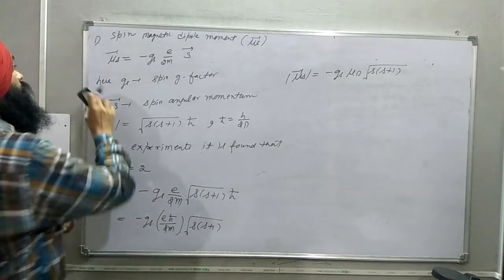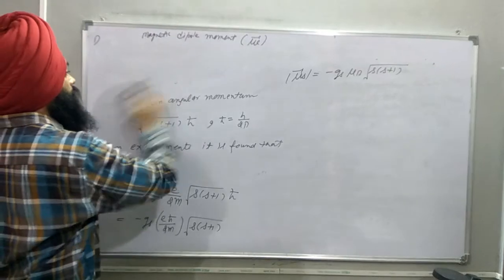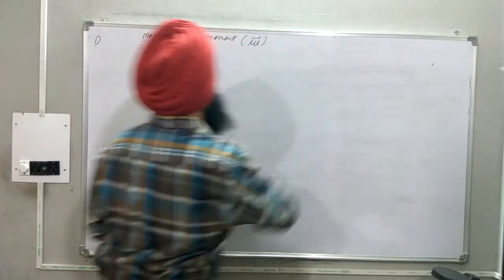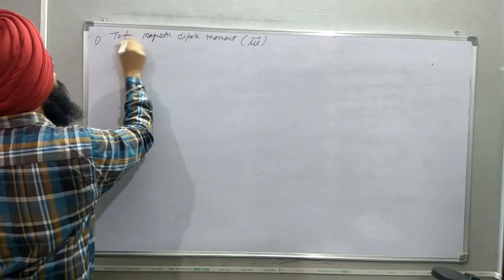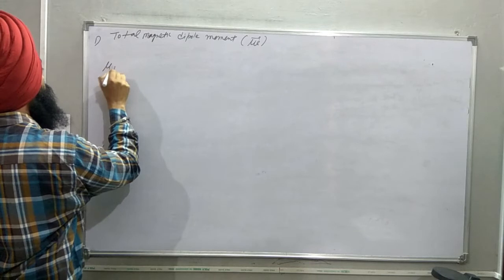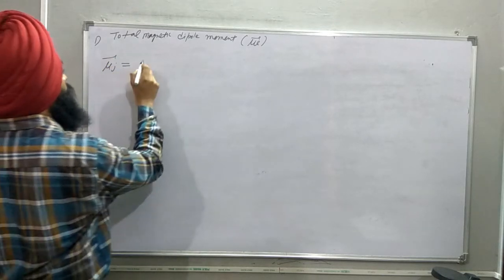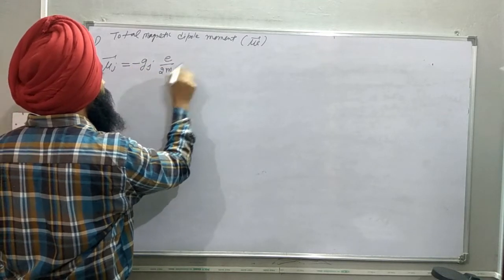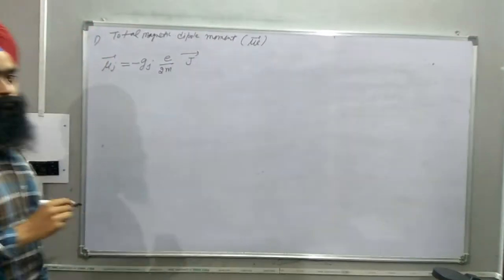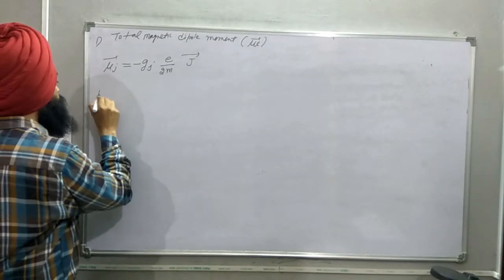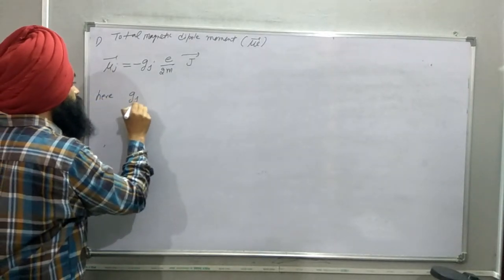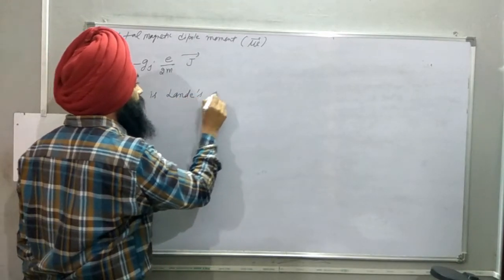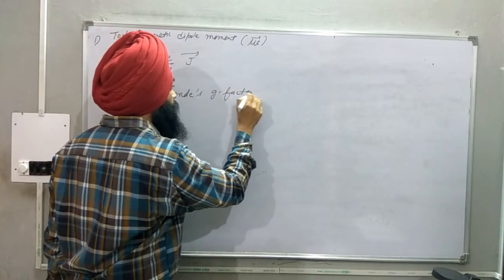Now we can switch towards the total magnetic dipole moment. We can call it mu J. Its value is minus gJ e upon 2m into vector J. Here gJ is called the Lande g factor.